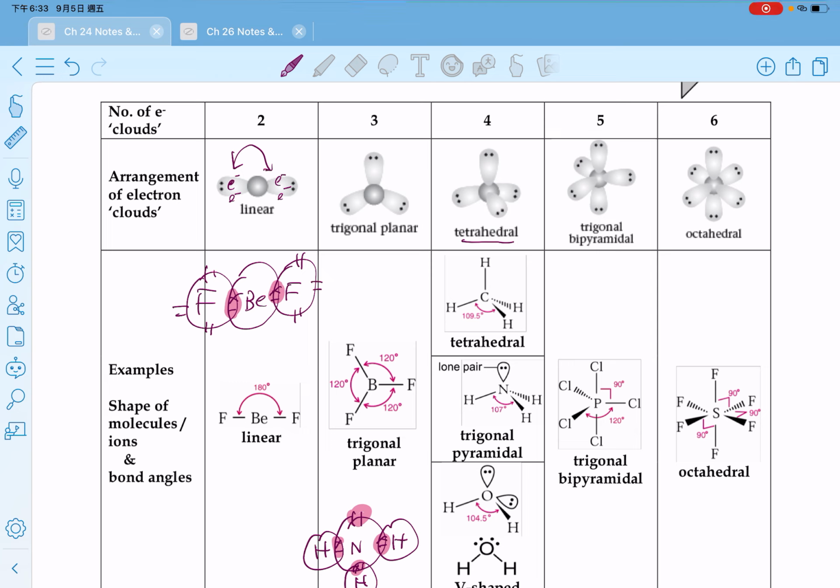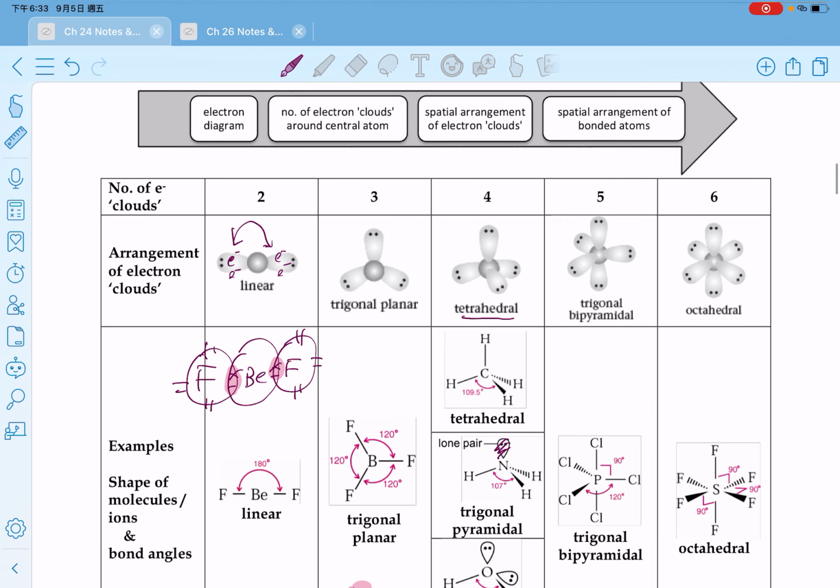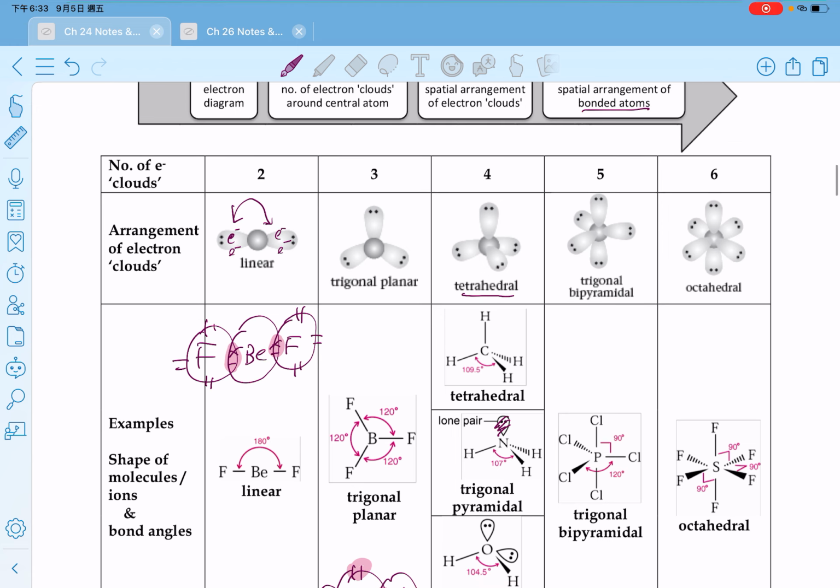As a result, the electron clouds are tetrahedrally arranged, but the lone pair electrons we will not count. We just need to think about the arrangement of the bond atoms. So we have 1, 2, 3, 4. As a result, it would have a shape like this, instead of a tetrahedron or the tetrahedral shape.